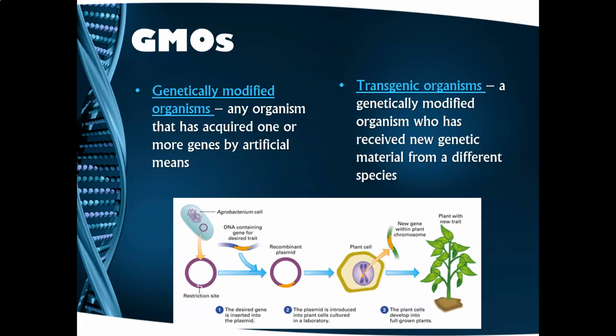Let's just say it's one that confers or gives this organism a particular ability to have some sort of drought tolerance, right? So here's my drought tolerant gene, here's my plasmid that I've taken from this bacterial cell, and I'll use those restriction sites and use that recombinant DNA, create that recombinant plasmid.